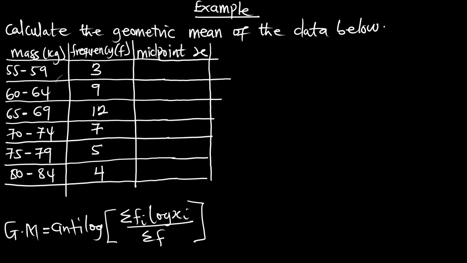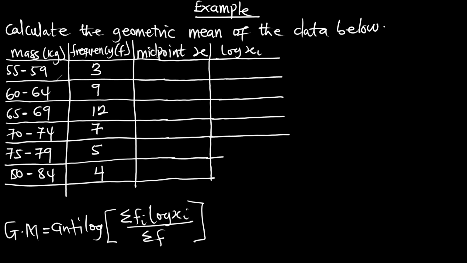After getting x, we will need log x. We will need log of the x also as one column. So the formula is helping you to fish out whatever parameter you will need.